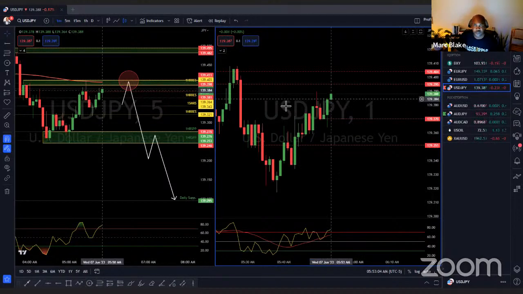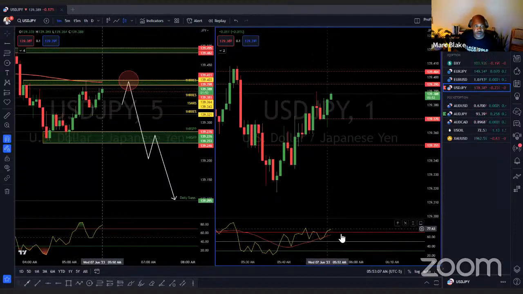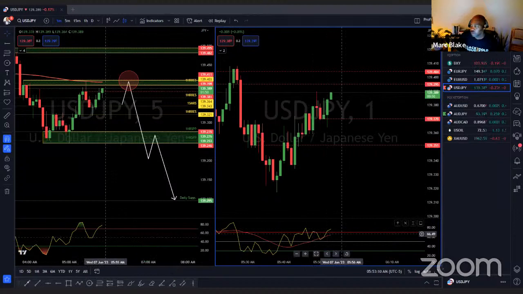So it's pushing up. 5 minute and 1 minute is now overbought. Looking good.